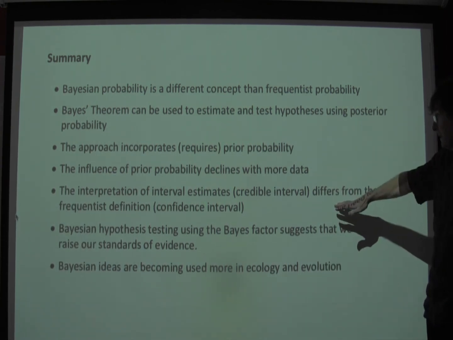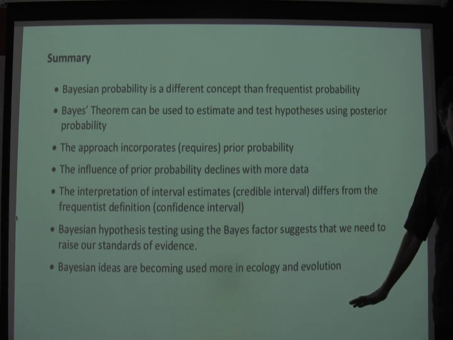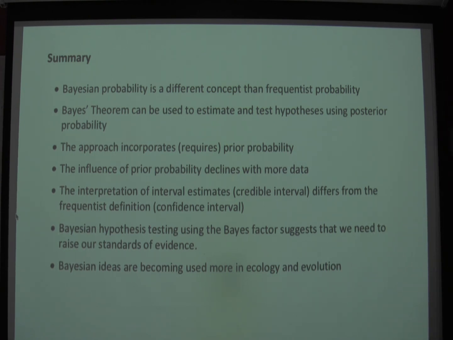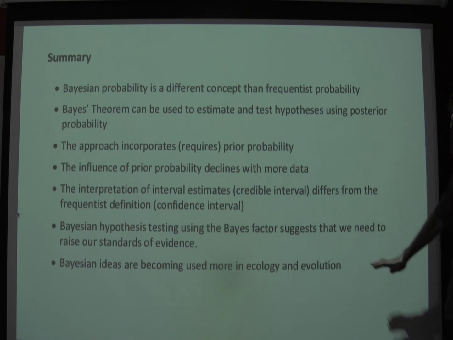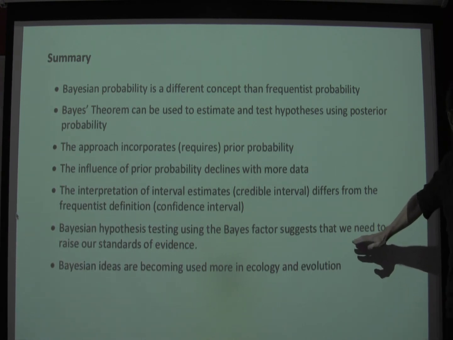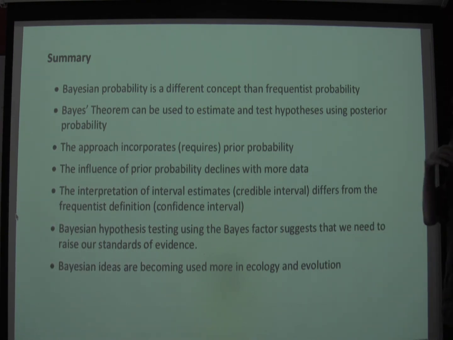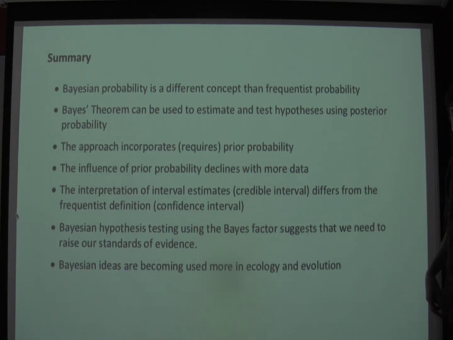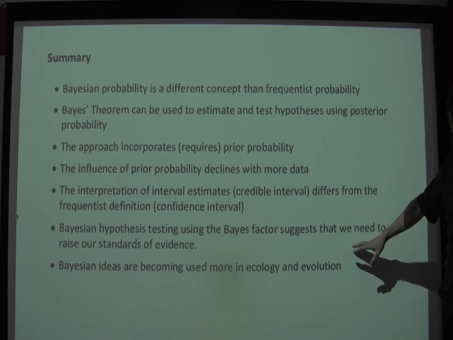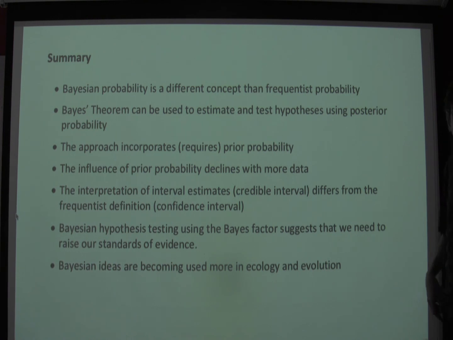The interpretation of the interval estimates is completely different. If the Bayes factor is a regional approach, having the advantage of telling you not just whether the null is true or false, but how much support there is for the alternative compared to the null, then we need to revise our standards of evidence that we currently use.